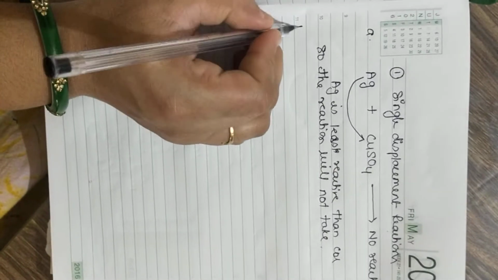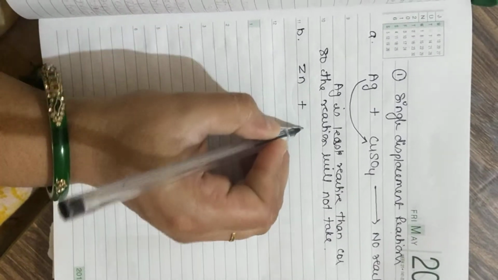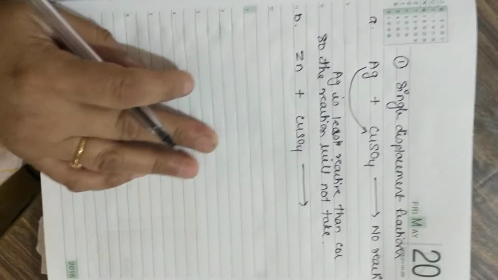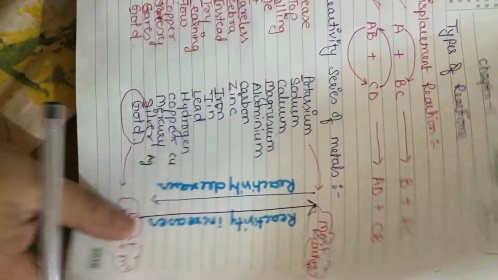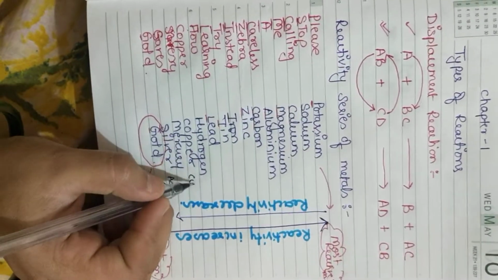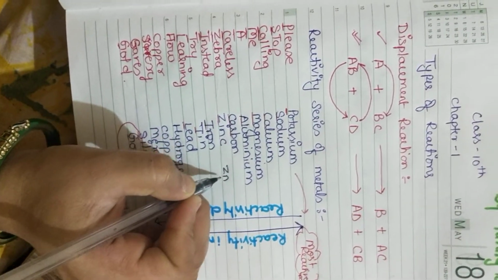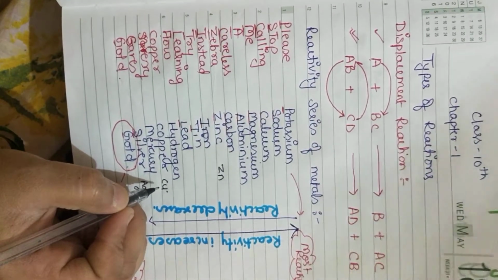Suppose we take another example, zinc and copper sulfate. Can the zinc displace the copper from its salt? Let us see the reactivity series. Copper is here and zinc is here. That means zinc is more reactive than copper, so this reaction can take place.